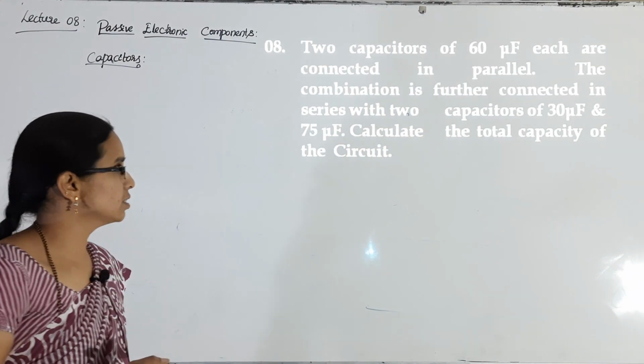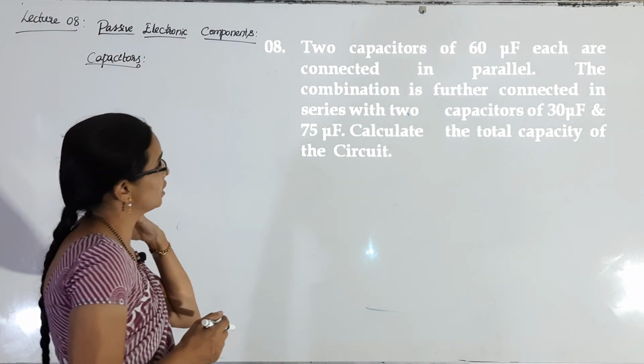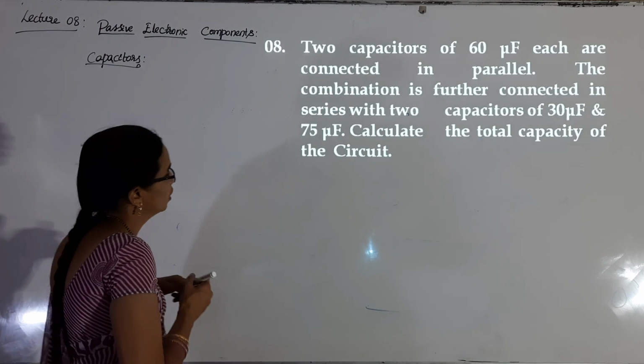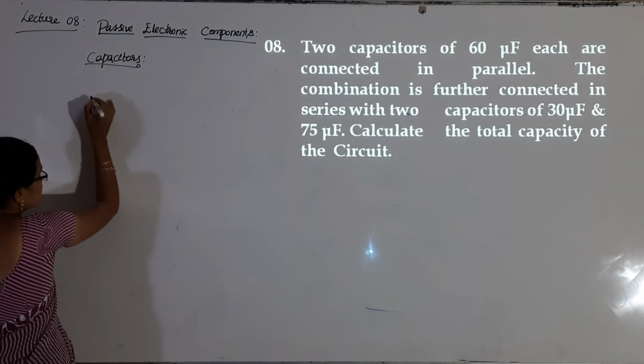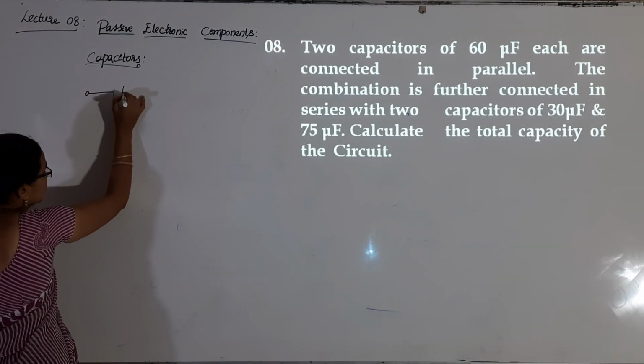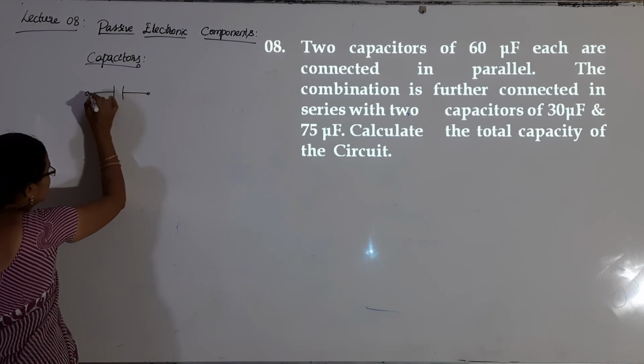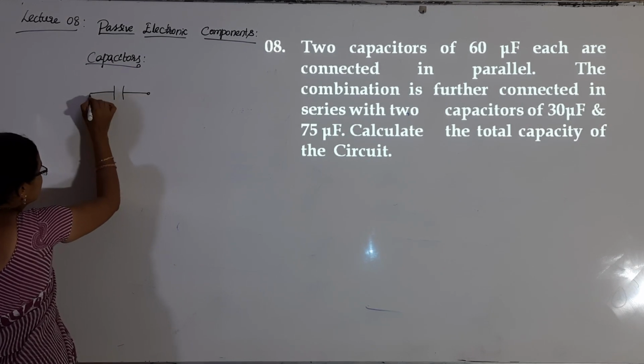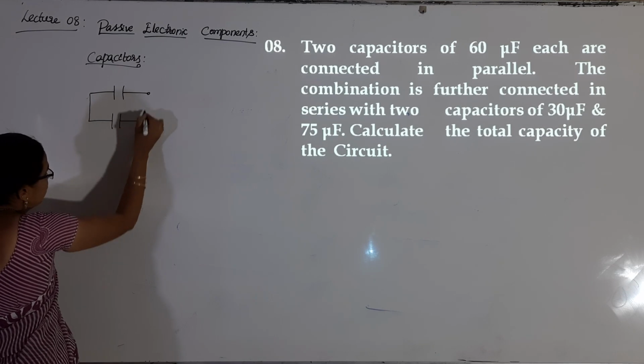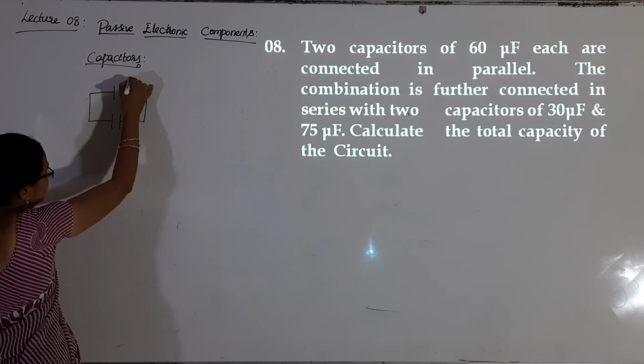Next is two capacitors of 60 microfarad, each are connected in parallel. For that we have to write the circuit. Two capacitors of 60 microfarad are connected in parallel.